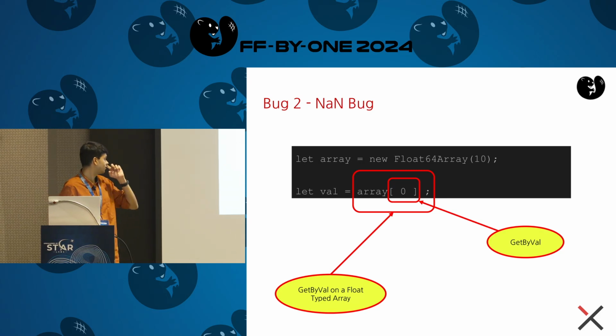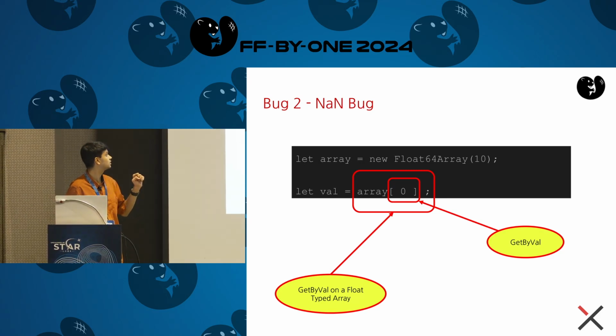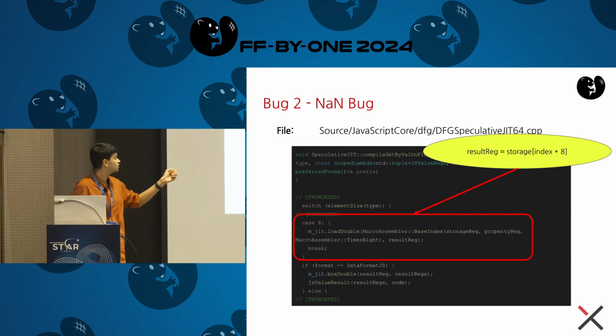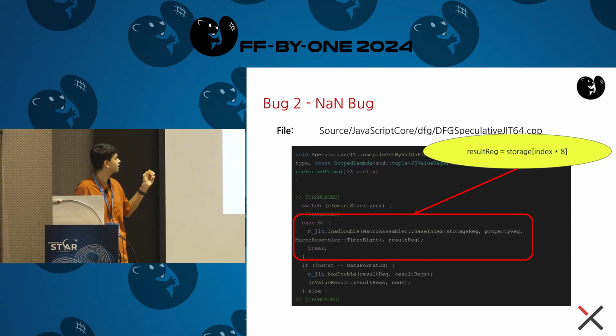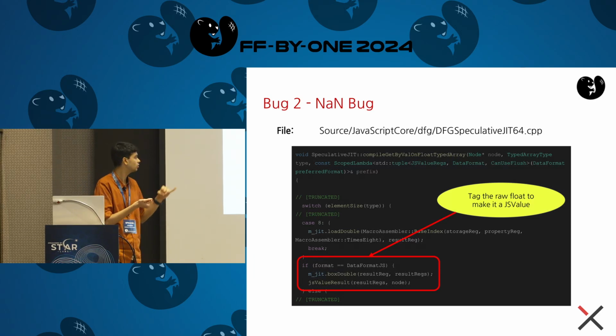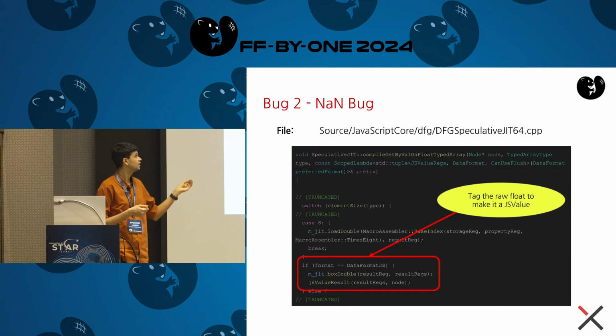So this means that when we do a get by val and we compile it, the compiler should actually check. First, convert the float into a JS value, and also check each of the bits.